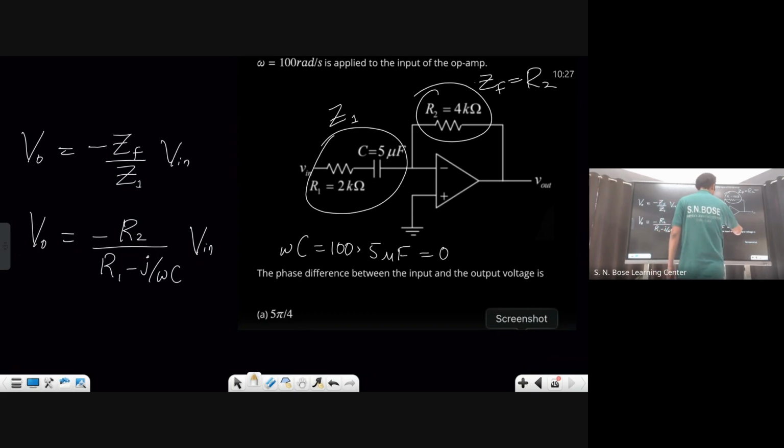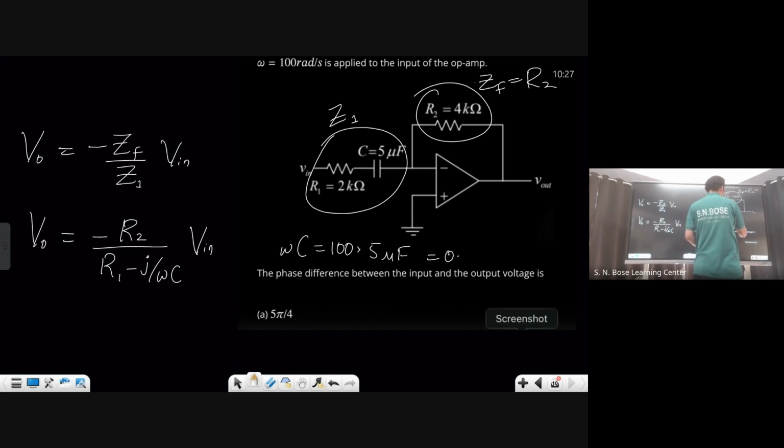Can I say this is 0.5 milli? 100 is 10 to the power 2, so 5 into 10 to the power minus 4 happened.